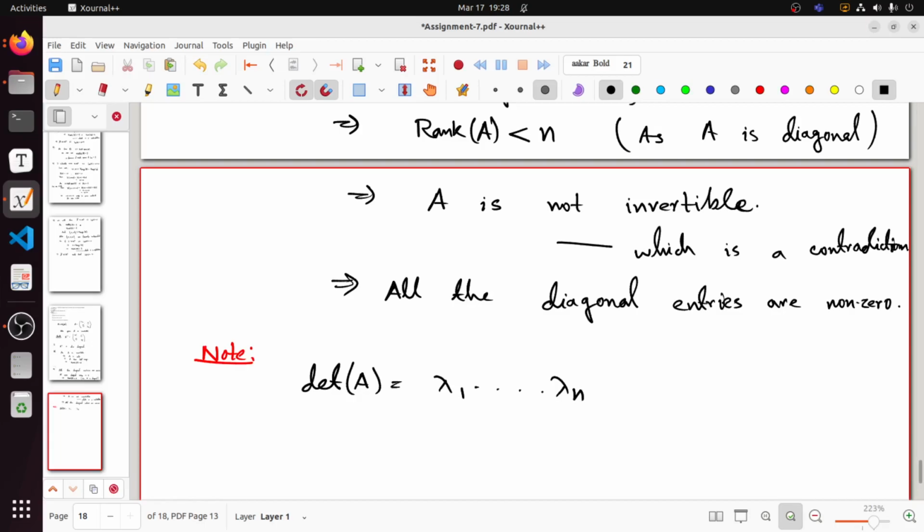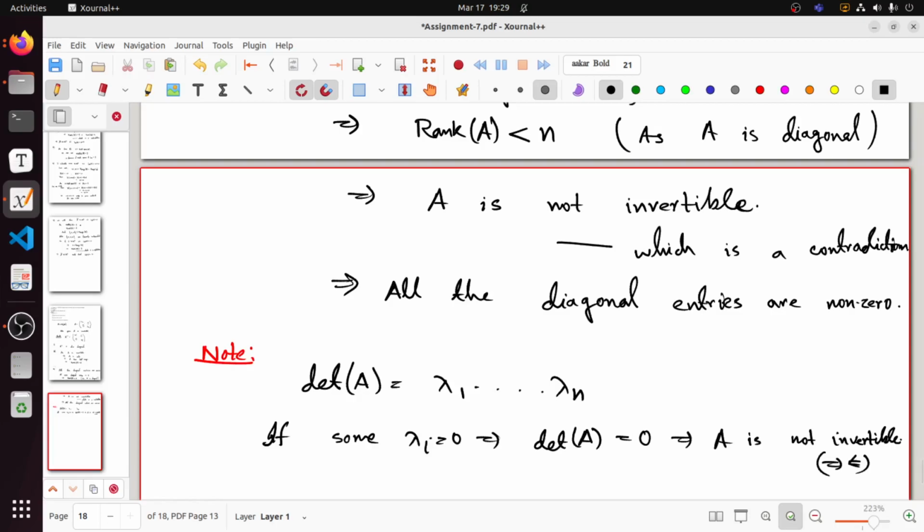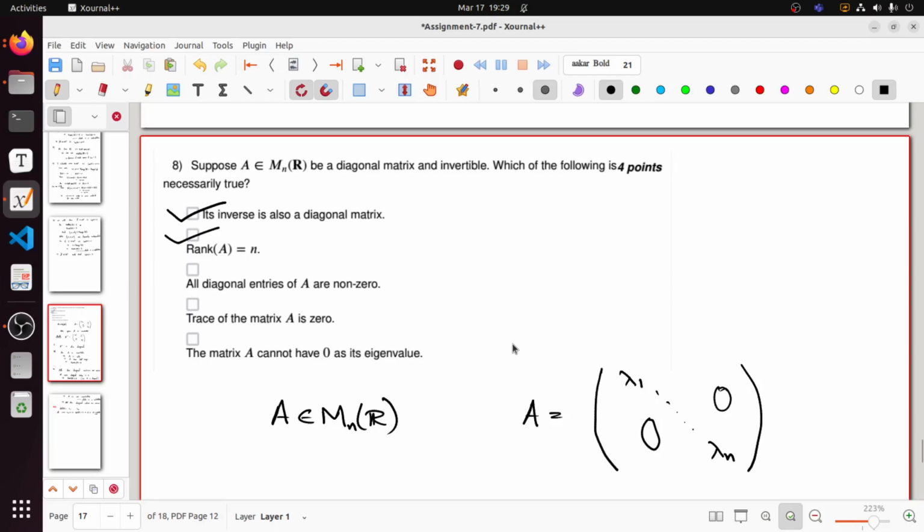So if some lambda is 0, which implies the determinant of A is 0, which implies A is not invertible. So which is again a contradiction, right? So option number 3 is true, meaning all the diagonal entries are non-zero, right?